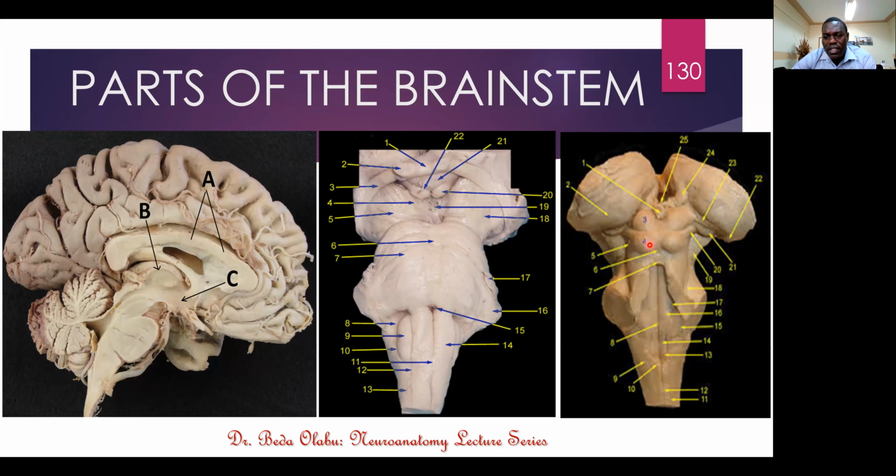These 4 swellings are called the quadrigeminal bodies. Quadri from the word 4, quadrigeminal bodies. Sometimes you can call them the colliculi. These 2 are the superior colliculi, and these 2 are the inferior colliculi of midbrain. So that's midbrain. Now let's talk about pons.